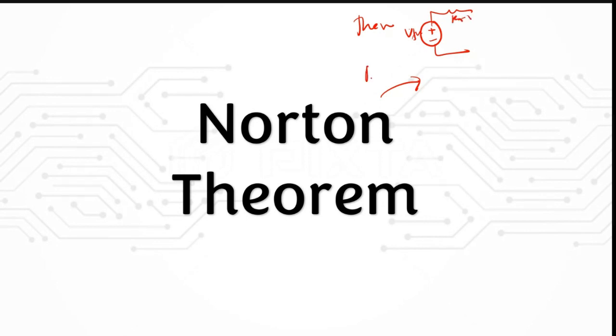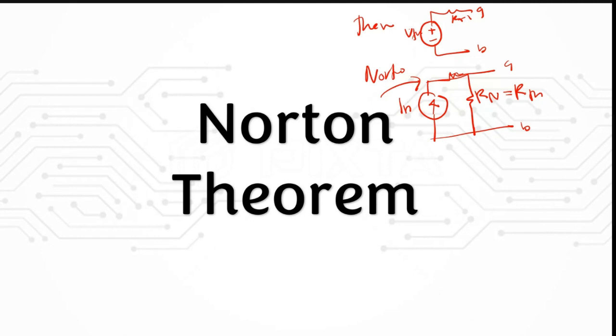But for Norton, you need to get the current source, which will be in parallel. This is terminal A and B. So for the Norton theorem, you need to calculate the Norton current, and also the Norton resistance, where the Norton resistance is equal to RTH. It's the same value as the RTH.